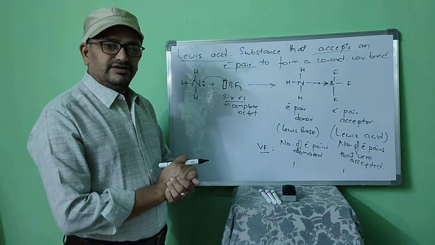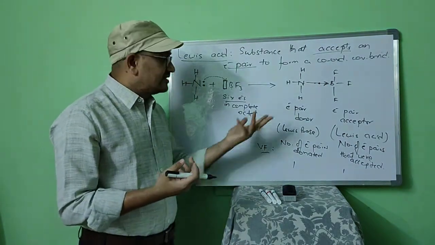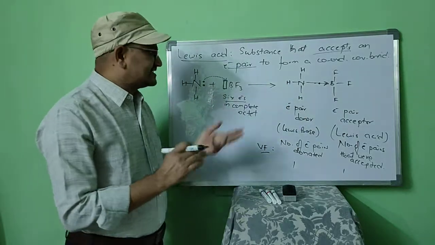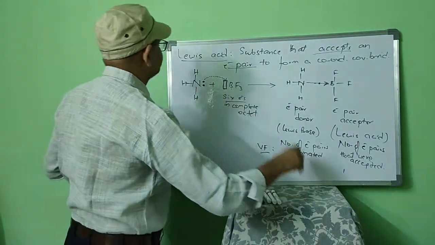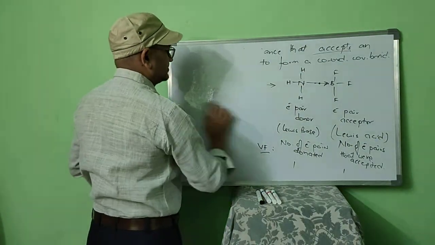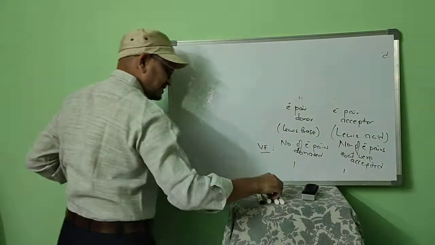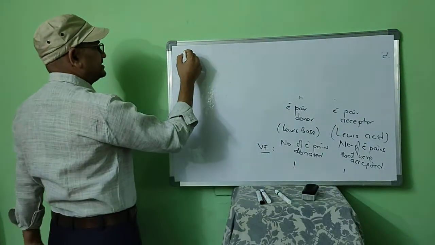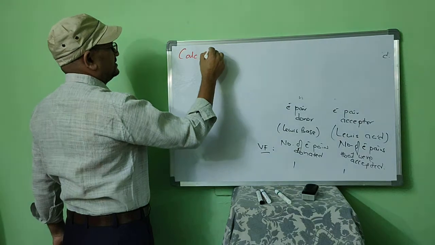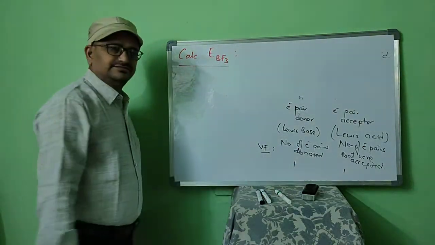Now, when it is a question of calculating the equivalent mass of a Lewis acid or Lewis base, for example the Lewis acid BF3, if it is a question like calculate the equivalent mass of BF3, that's how they ask.